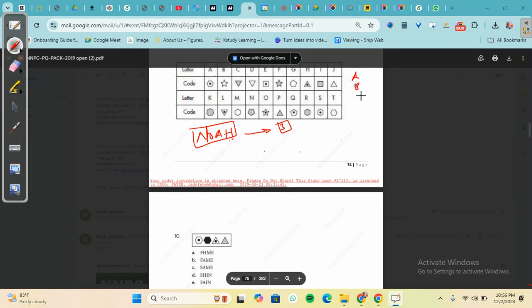That means if you have A, B, C, D, E up to Z, and I ask you to take a shift of three, so if you have letter N, what is the next three letters after N? O, P, Q. That's Q. So the ciphertext for letter N is Q.